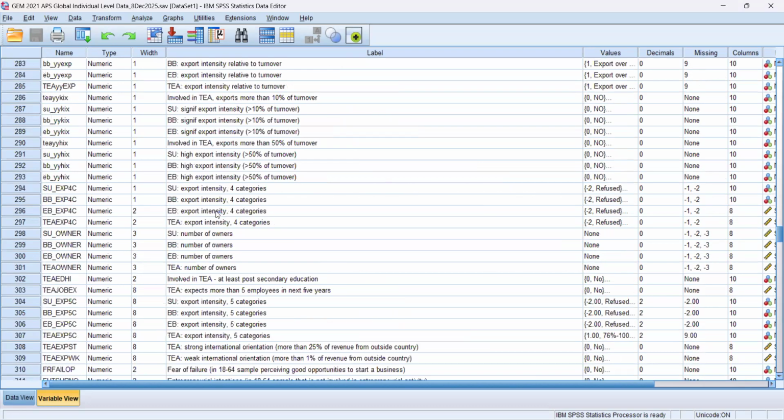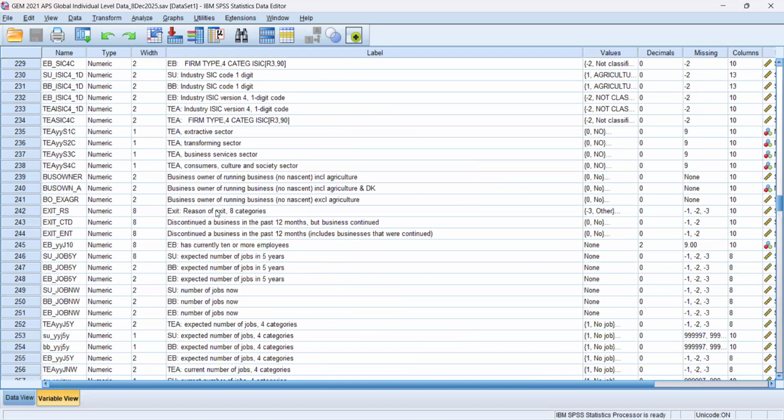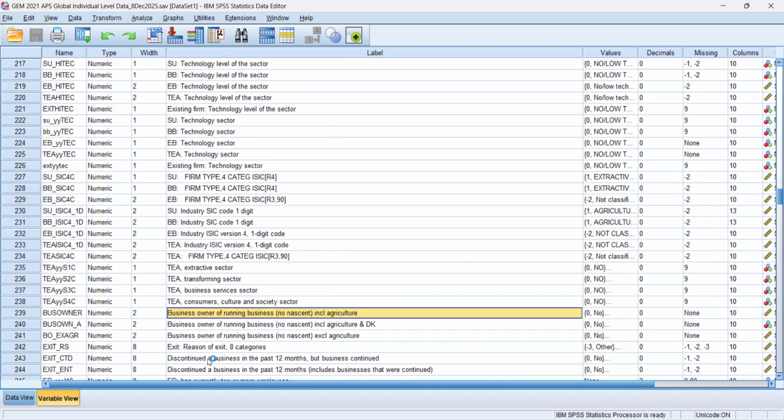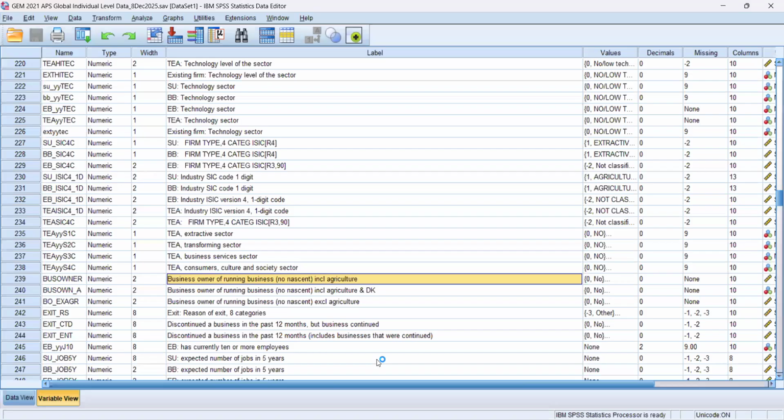Okay, so there is a question on business owner. Business owner of a running business. And then we have the discontinued business in the past month, but business continued. Discontinued business in the past 12 months includes businesses that were continuing.